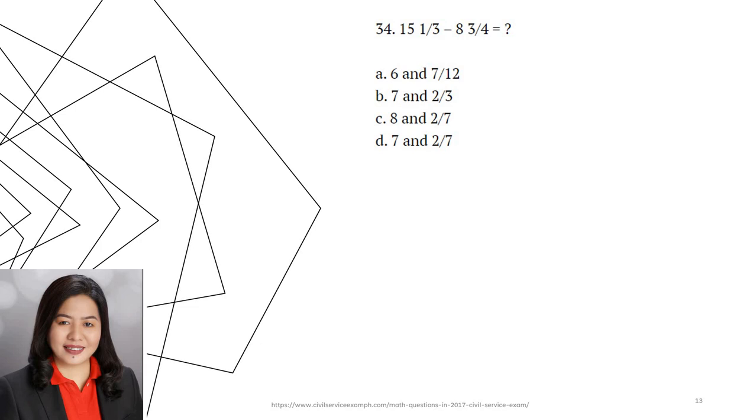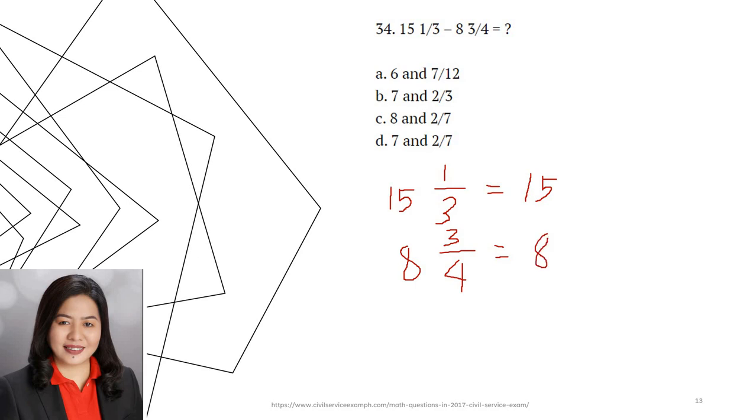So this is subtraction number 15. I prefer doing this in vertical method. 3/4. Since 3 and 4 are not the same, we call them unlike fractions. So we first have to make them like fractions so that it would be easier for us to subtract.